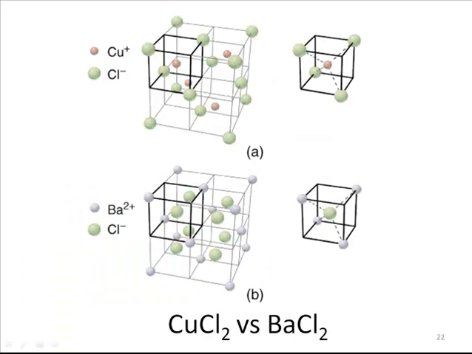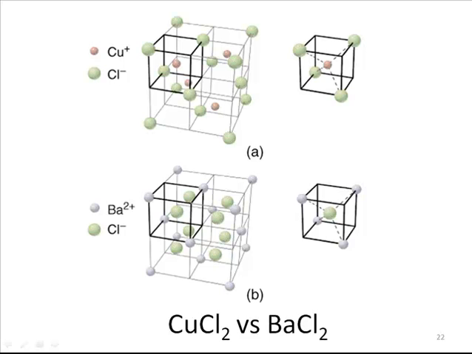So here's a picture of 2 different separate structures. This is copper chloride here and barium chloride here. This is copper +1 and barium 2+. You'll notice there are a lot of similarities in the way they arrange, although in the top one, chlorine is on the lattice points, and in this case, chlorine is in the middle, with barium being at the lattice points.